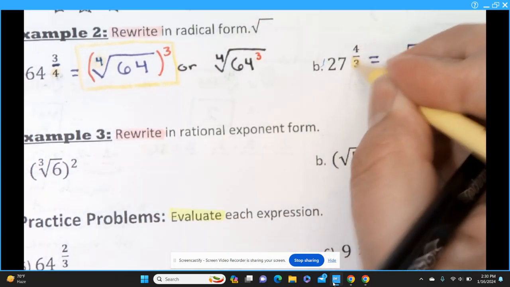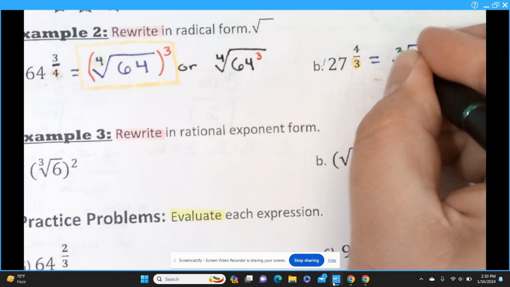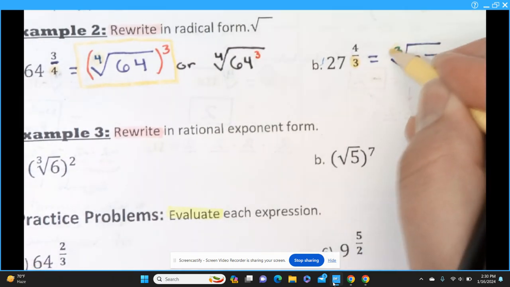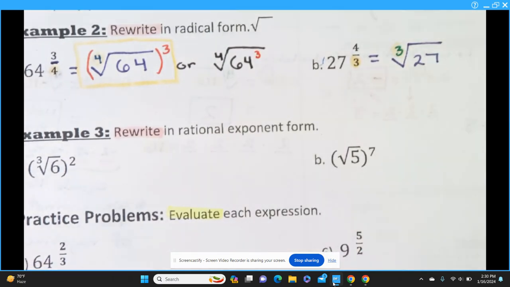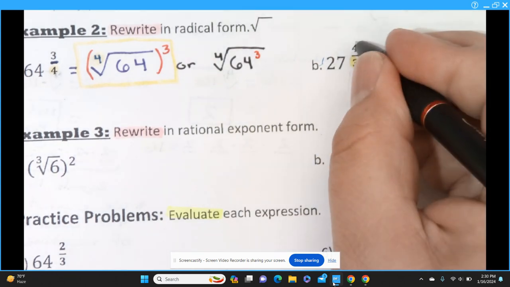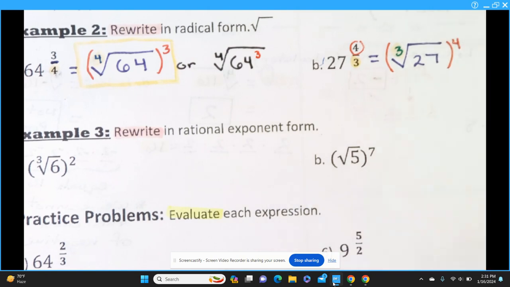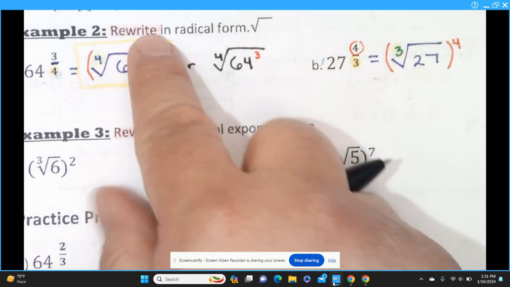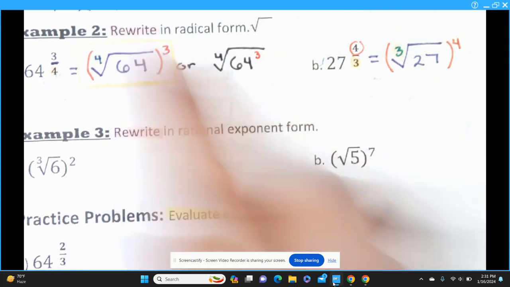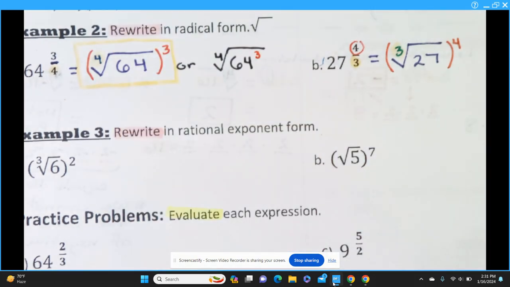There's a 3 down there. Well, then, put a 3 right here. So the only thing left is, oh, there's a 4 on the top. Okay, so then just surround the whole thing with a power of 4. And then that's it, I'm done. No calculator. Why? All they said was rewrite, not to do anything on a calculator.